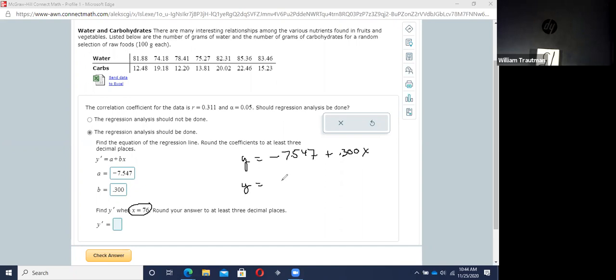So we're going to plug in negative 7.547 plus 0.300 times 76. We're going to do that math. And I get y equals 15.253.